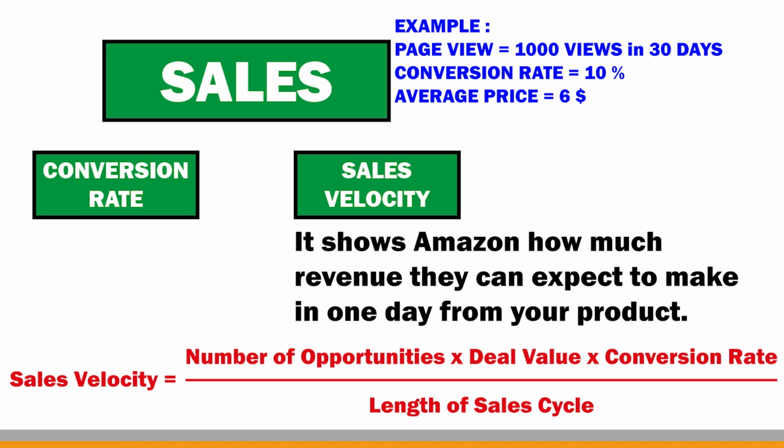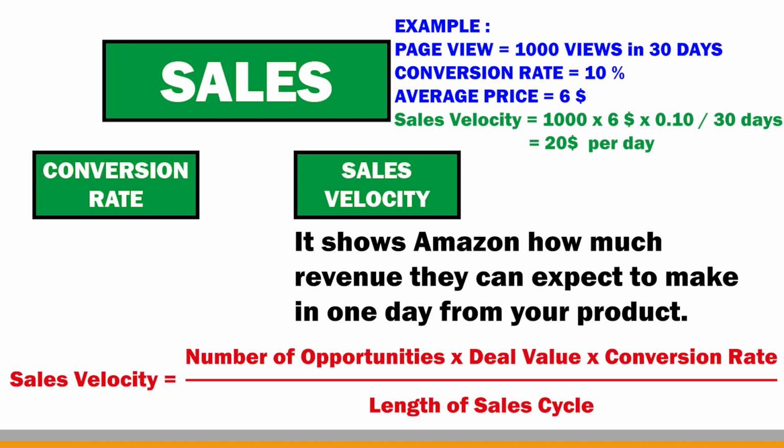So the sales velocity equals 1000 times $6 times 0.10 conversion rate divided by 30 days equals $20 per day. So imagine that your competitor's sales velocity is $18 per day and all the other factors are the same. In this case, probably your book will rank higher than your competitor.